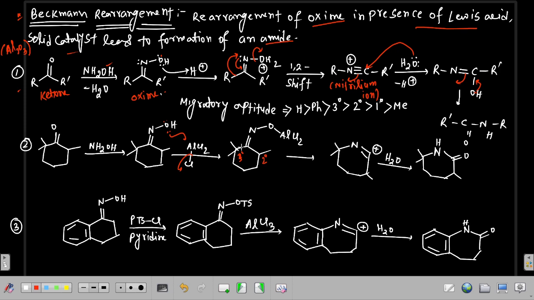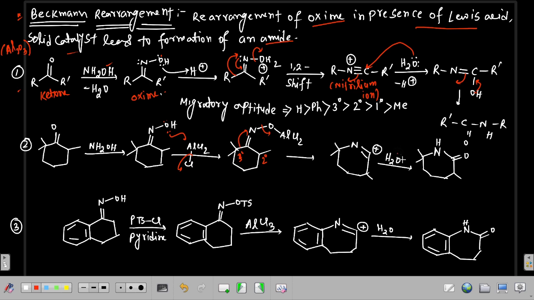So the 3 degree carbon will undergo shifting to the nitrogen and this bond will break. So it leads to the formation of this 7-membered ring, because it undergoes ring expansion when this carbon is shifted from this carbon to nitrogen.